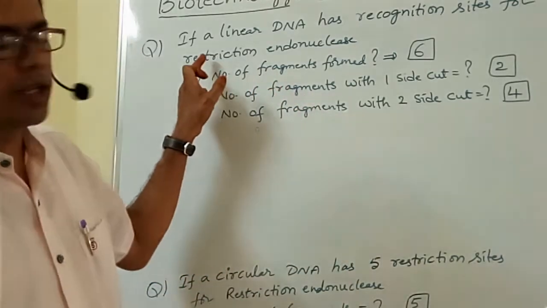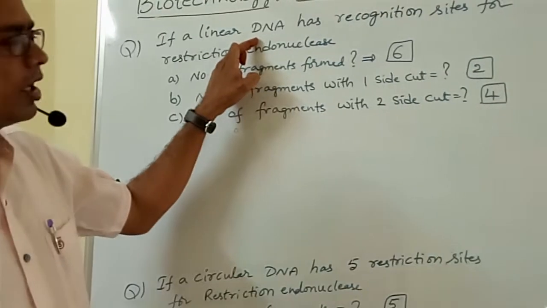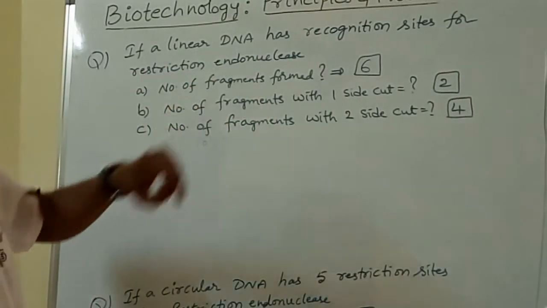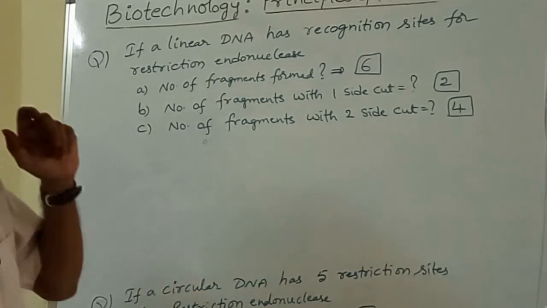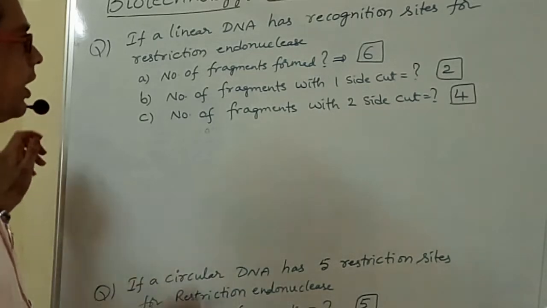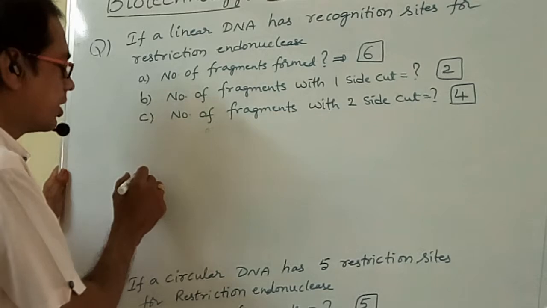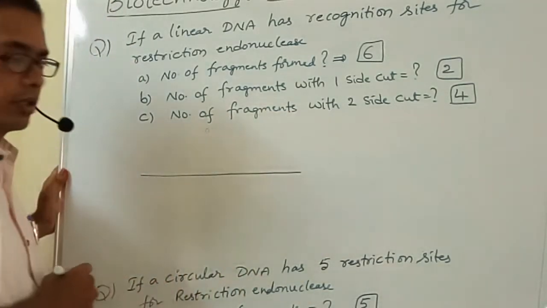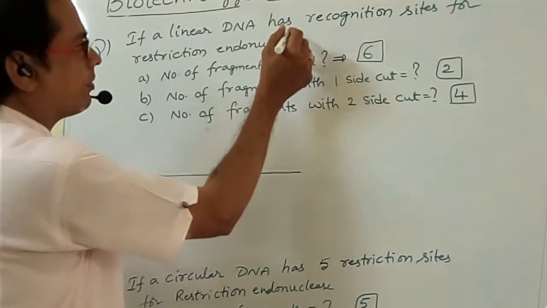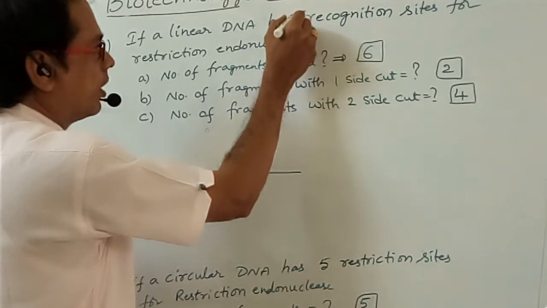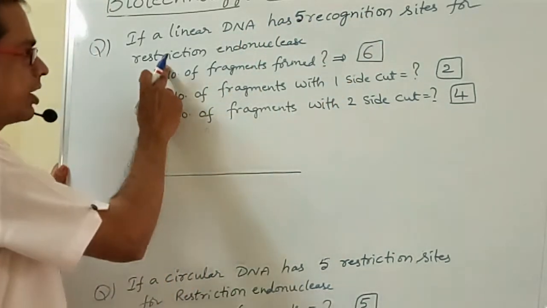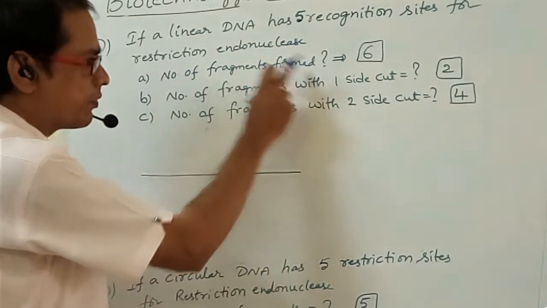Now look at here another problem, my dear students. If a linear DNA has 5 recognition sites for restriction endonuclease, what is the number of fragments formed?